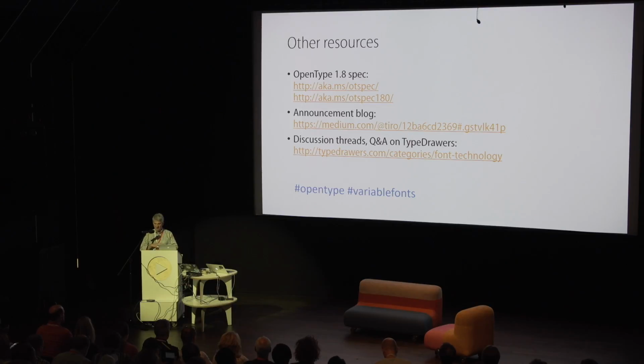John Hudson, who's been part of our working group, took on the task of coming up with a blog to announce the work that we've been doing and introduce variations, in a blog post that's being published on medium.com, and that should be live right about now. You'll probably see some other blogs coming from some of our other partners as well. And then for discussion, we've got a new category created in Type Drawers, and that's the venue that we want to use for ongoing discussion and Q&A about OpenType font variations.